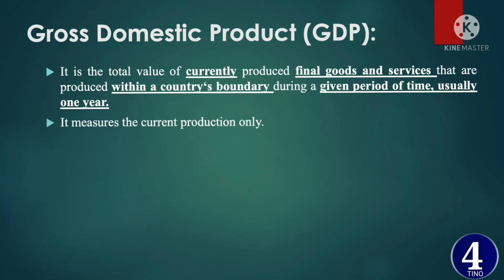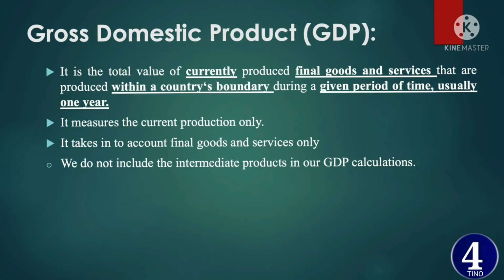So here we can understand that GDP measures current production only. Second, it takes into account only final goods and services in order to avoid double counting of outputs or resources. And when we say final goods and services, we do not include intermediate products in our GDP calculation.